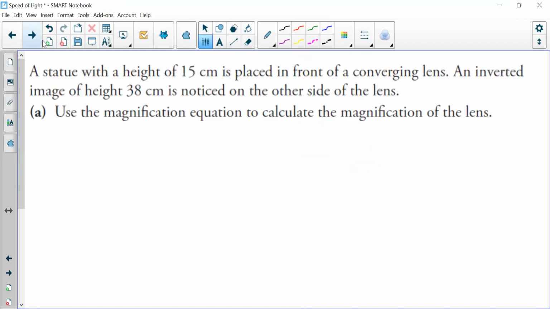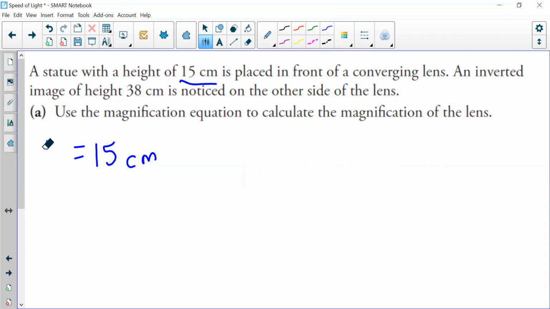All right, a statue with a height of 15 centimeters is placed in front of a converging lens. An inverted image with a height of 38 centimeters is noticed on the other side of the lens. What is the magnification of the lens? Why is this 15? The image height. Kira, read it closely.